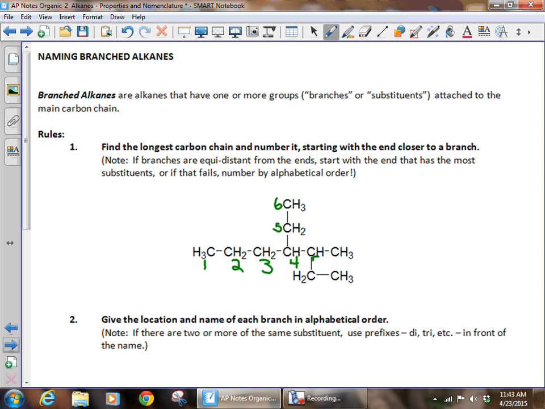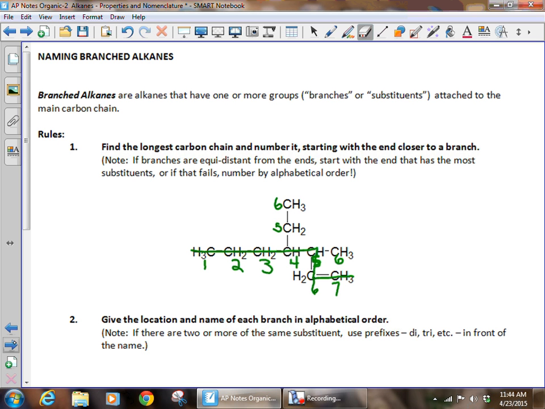I could go 5, 6 this direction, but I could go 5, 6, 7 in this direction, which means that this is my longest chain. So that's how I want to label it, again, as my longest chain.